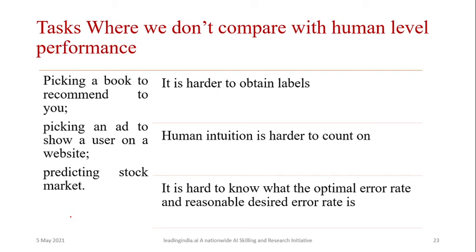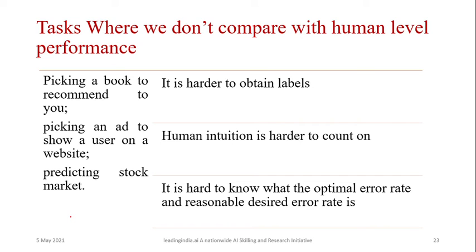So the recommendation system from Amazon will give a much better result than what my friend is suggesting, because my friend has very limited knowledge of the books. So sometimes we compare with human-level performance, and sometimes the performance of the system is much better.